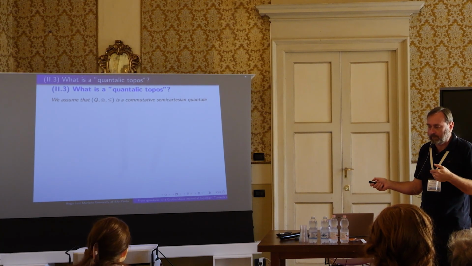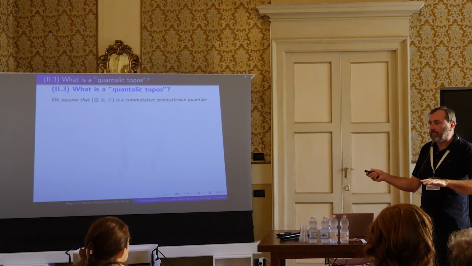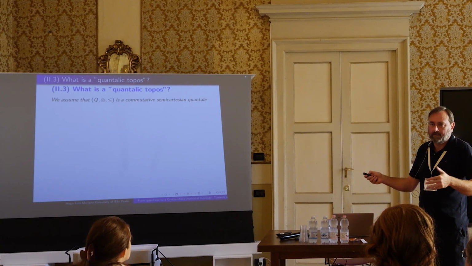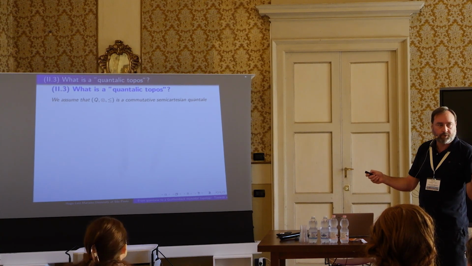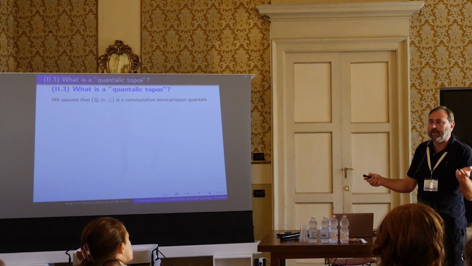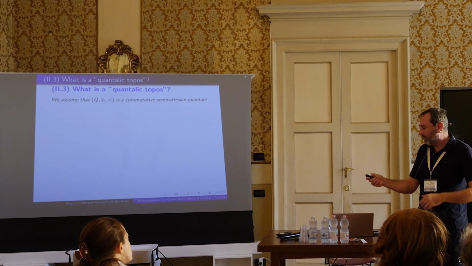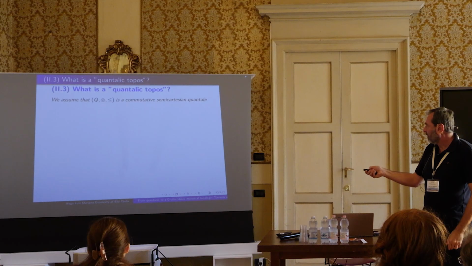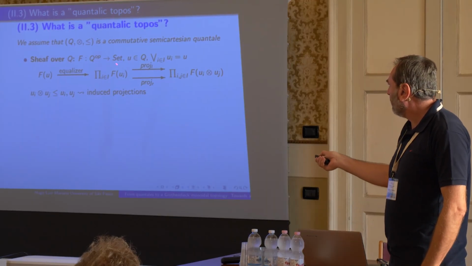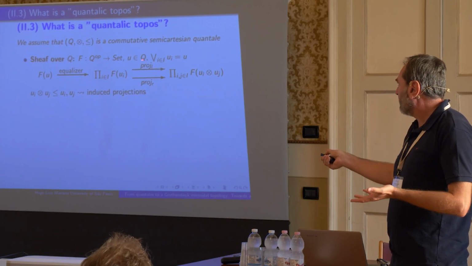So a quantale topos should be approached in two ways, and in some sense we compare the two ways, or more importantly, compare the properties of the categories that we build in these two different ways. So the first one is a very naive one.